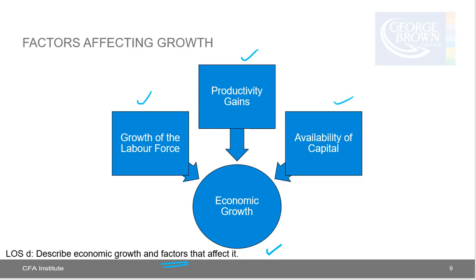The trend rate of GDP growth is determined at its most simplest level by growth in the labor force plus productivity gains subject to the availability of capital to produce more products and services. Productivity is a function of the efficiency of a worker and the available technology.